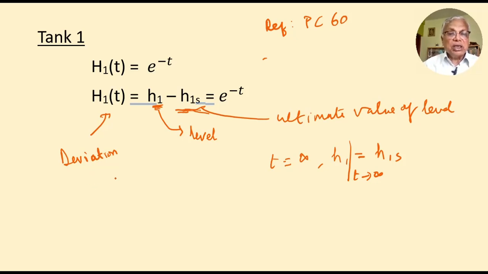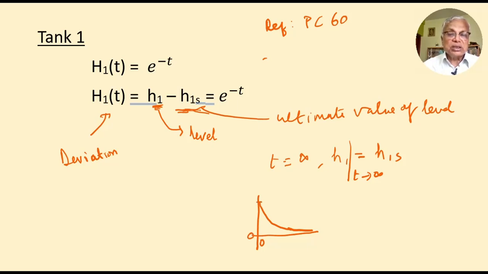So when will it be maximum? For e power minus t, you can check how the curve looks. If you plot e power minus t, it rises suddenly at 0 to its maximum value, and afterwards for any value other than 0, it will be less than 1 only. Ultimately e power minus t becomes 0.